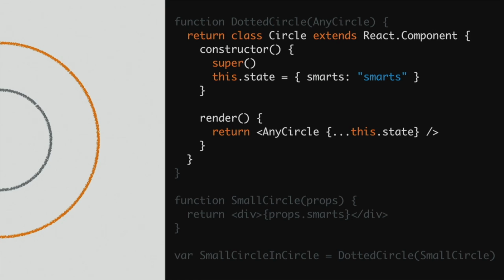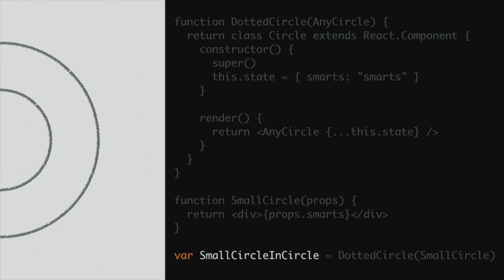It's going to do some funky stuff. It's actually going to make a big circle for us on the fly. Instead of returning just our component, it returns a big circle with our component jammed in the middle of it. So I've got a function, and I say, hey function, here's my small circle, and it says, I got something for you. I got your small circle, but I'm going to put a big circle around it.